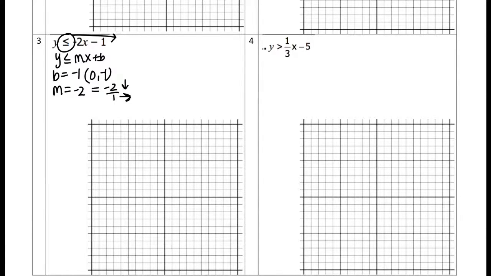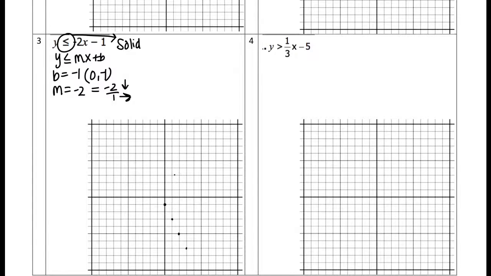So from this sign, I know that this line is actually going to be solid, not dashed. This means I can have the values on the line as well as the ones that are going to be on either side of the line. So I'm going to start at the point (0, -1). And I'm going to go down 2 spaces over 1, down 2 spaces over 1, until I feel like I have enough points to draw my accurate line.